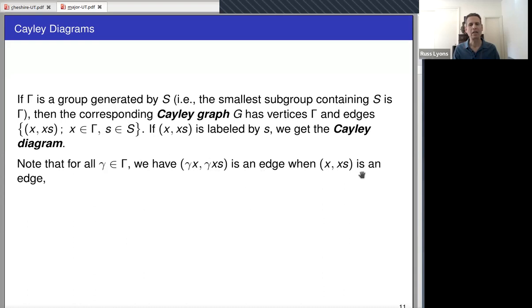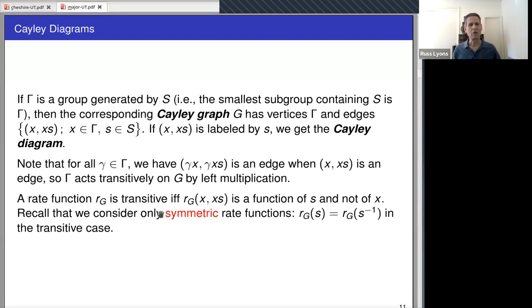This is an edge when xs is an edge because of associativity of multiplication in a group. And we can take gamma x to be any vertex y that we like. That's because of the inverses in a group. And so therefore gamma acts transitively on G by left multiplication. Now a rate function will be transitive if the rate of this edge is a function of the generator and not of the vertex x. We're only going to consider symmetric rate functions. That's the whole talk.